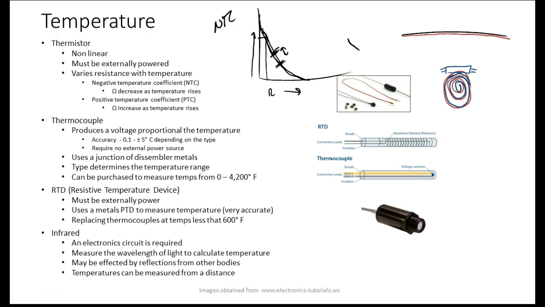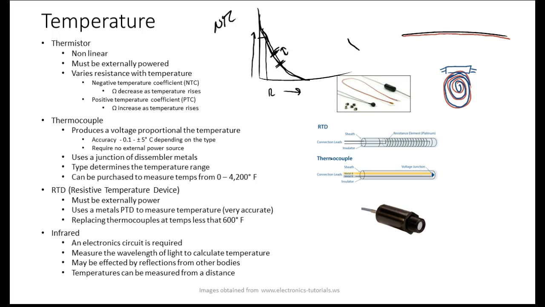But infrared, what we do here is we have an infrared sensor, and then we do what? Of course, this is an electronic circuit, and what does it do? Measures wavelength and then calculates what? Temperature. So these guys are not very cheap. But now you got the guy coming here, instead of climbing up there and measuring it, he'll get his little infrared thing and point it up there and measures the temperature.